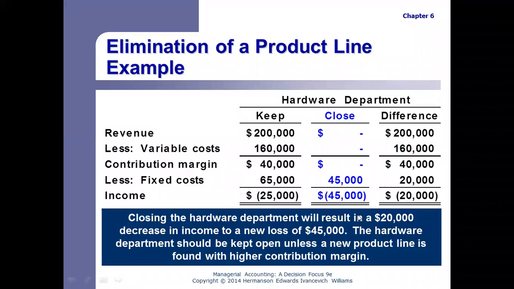Some qualitative, non-accounting factors. The accounting numbers say let's keep the hardware department, let's not close it, because we'll lose less money than if we did close it.